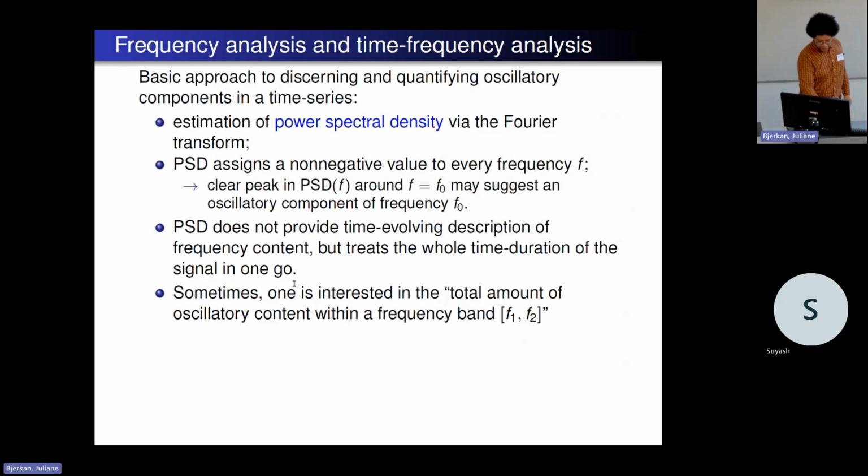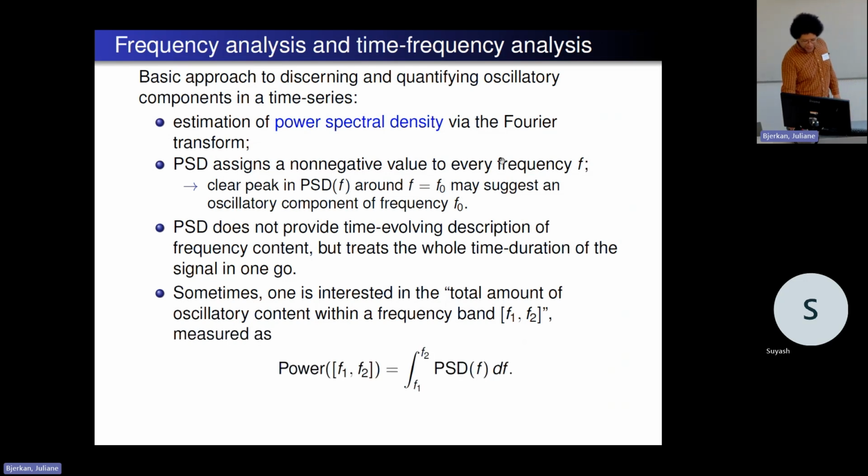And so using power spectral density, a way to measure the total amount of oscillatory content within a frequency band is the power of that frequency band, which, using PSD, would be simply defined as the integral of the power spectral density with respect to the input frequency from the lower end of the frequency band to the upper end of the frequency band. So it's just a very simple integral over the frequency band of power spectral density with respect to frequency.